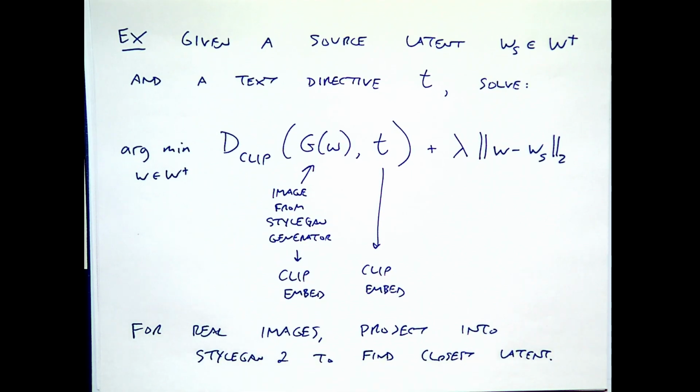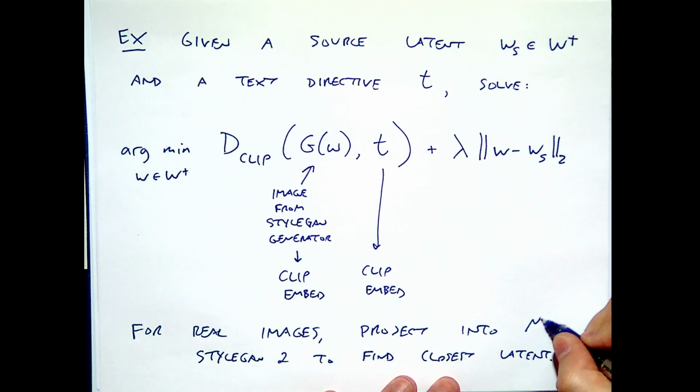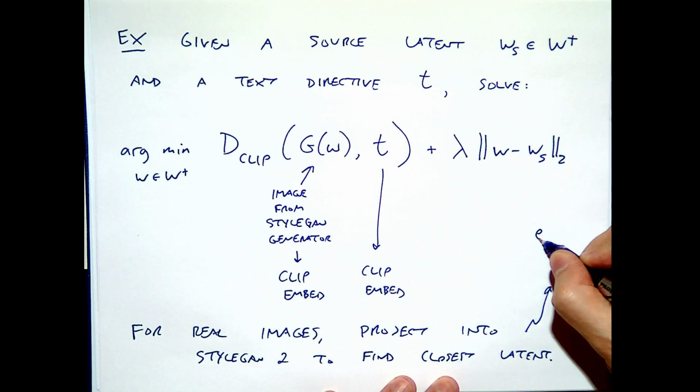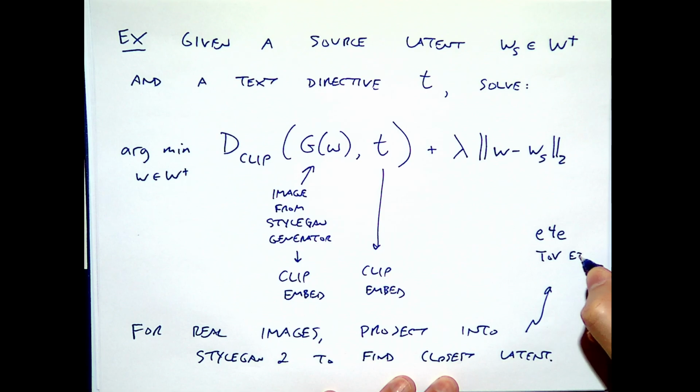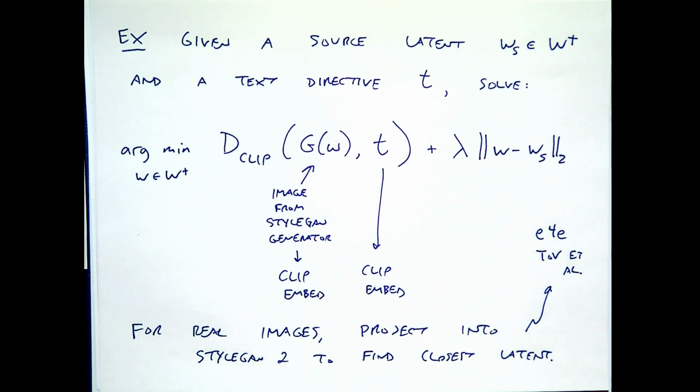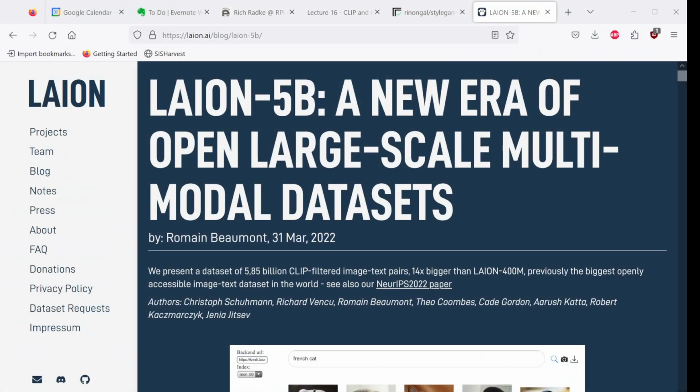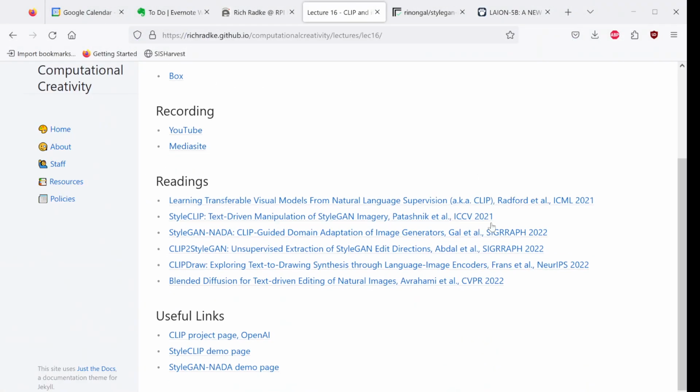And luckily, there are algorithms for doing that, right? One algorithm is called E4E by Tov et al., but there are other ways you can do it, right? And so the authors of this paper provided a nice online demo.